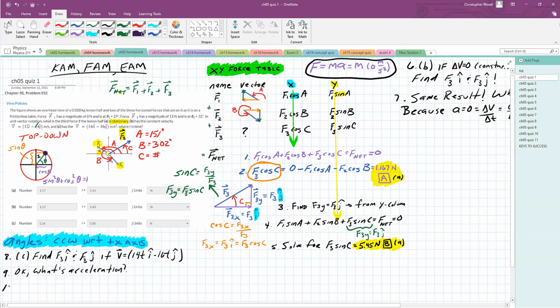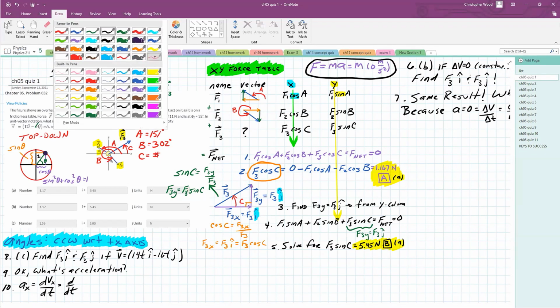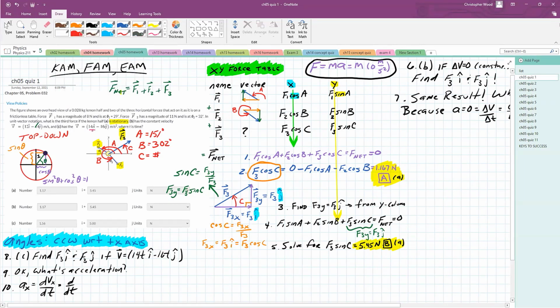So this is different. What is the acceleration? And this is where you go back to your green sheets, or maybe you know this already. The x component of acceleration equals dv dt, the time derivative of the x component of velocity. I need to be able to take the time derivative of Vx, and this right here is Vx.